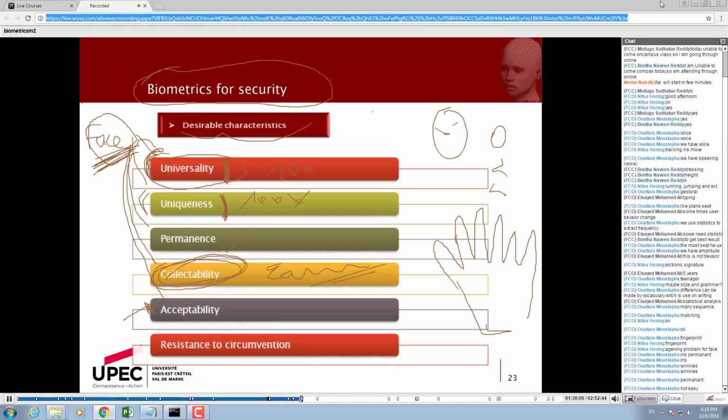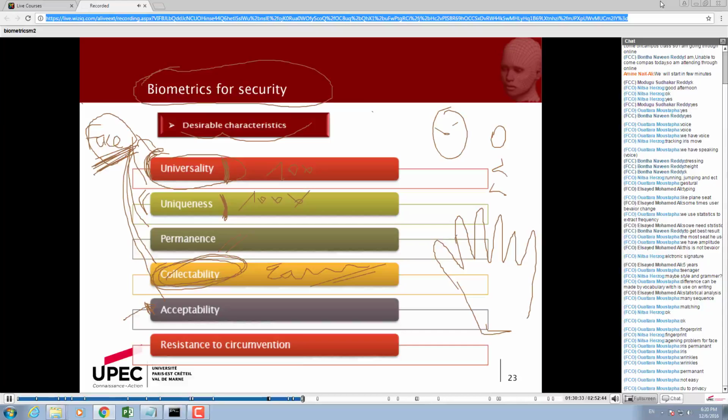Another one, the acceptability. How about the acceptability of the modality? What does it mean? Is it accepted in society? Yes, this is what we mean. When you propose a modality, make sure it will be acceptable to society or not.